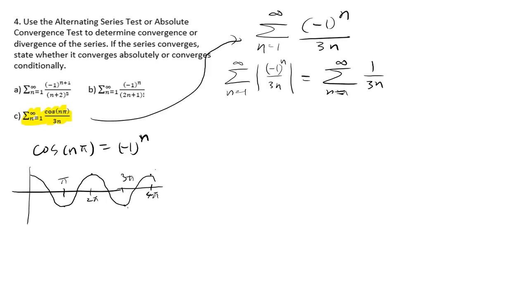If you have a constant over something times n plus c, these are called harmonic series, and a harmonic series always diverges. So this diverges because it's a harmonic series.